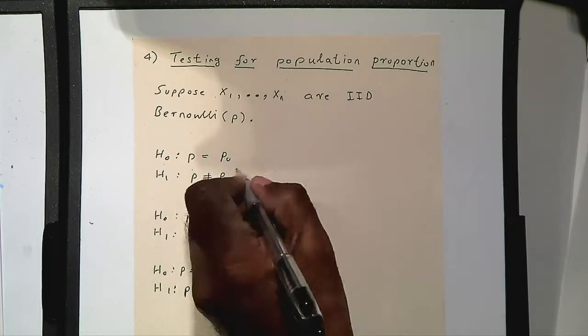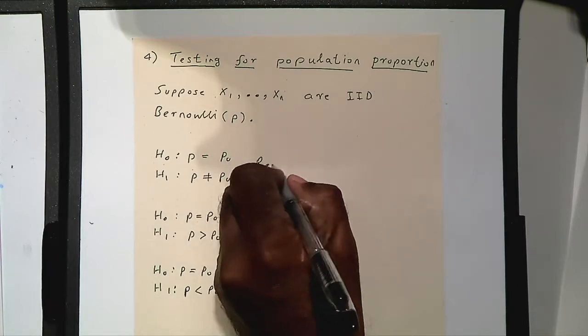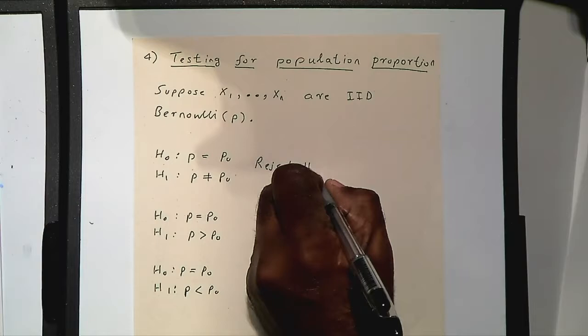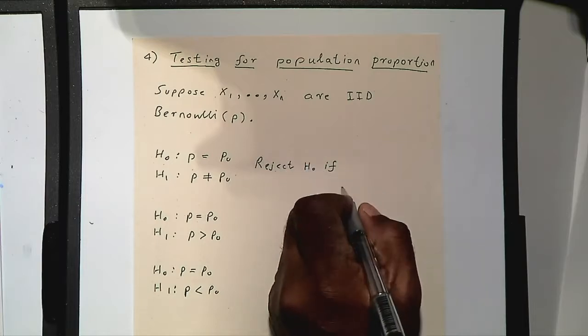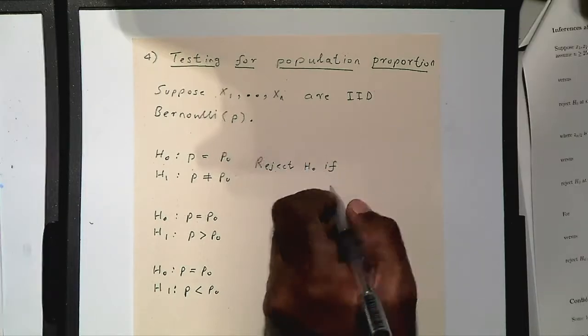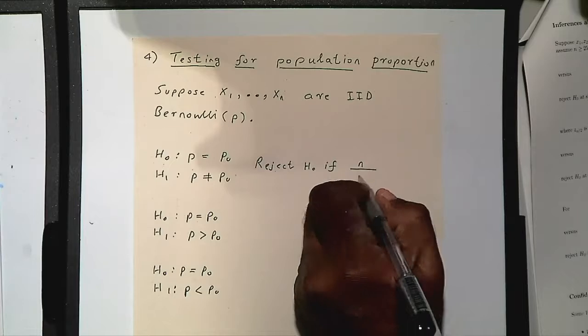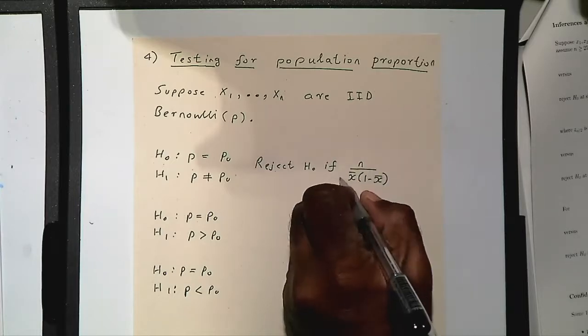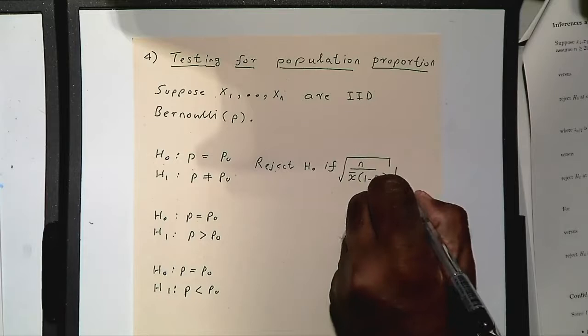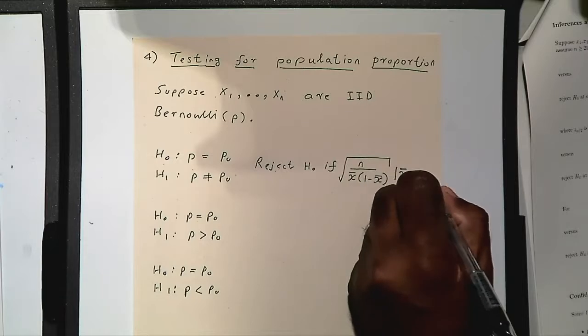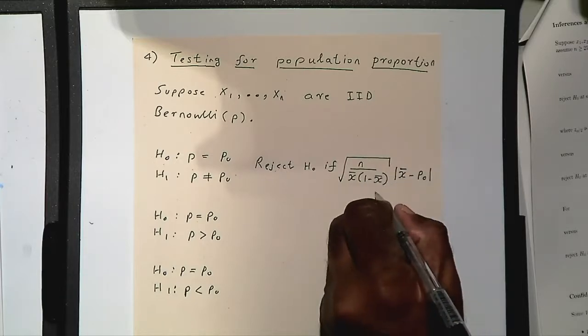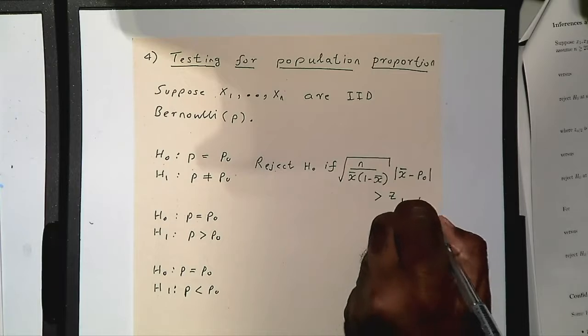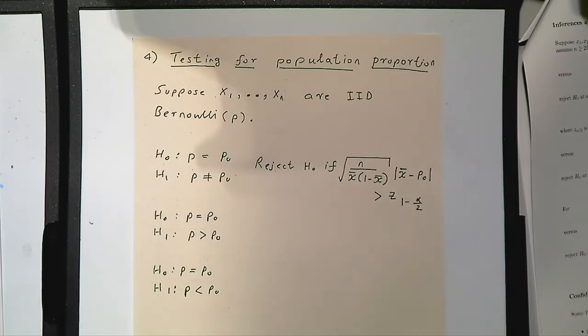So you reject, in the first case, you reject H0 if... right? So this is the rule for rejecting the null hypothesis for the first hypothesis, right?